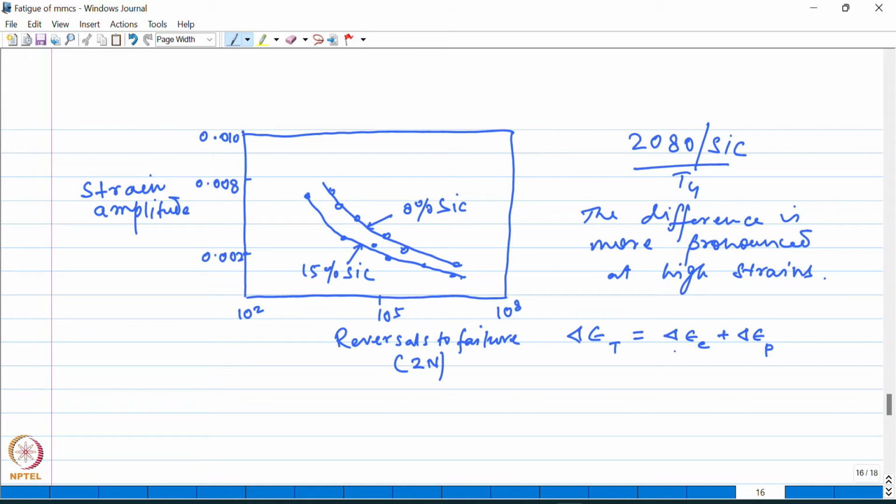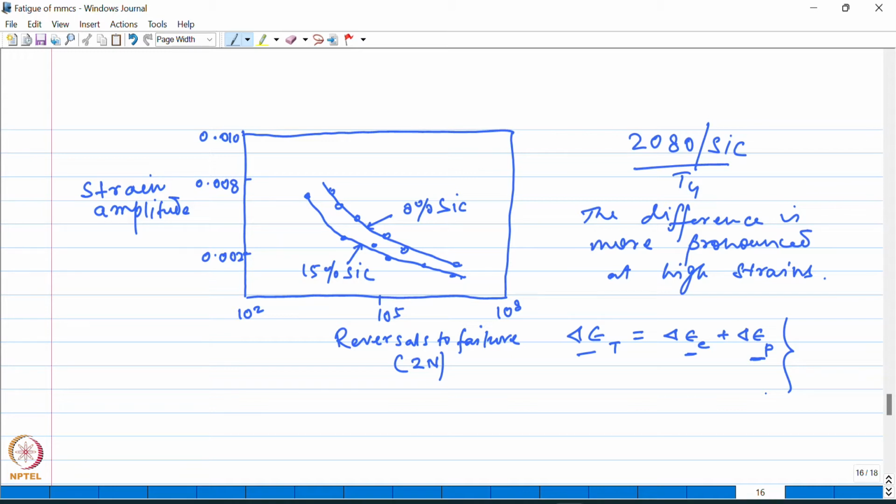Okay. So now, since it is total strain controlled, if the elastic strain is reduced, the plastic strain has to be increased, right, according to this particular equation. So therefore, the plastic strains in the composite will be higher compared to that in the unreinforced matrix material.